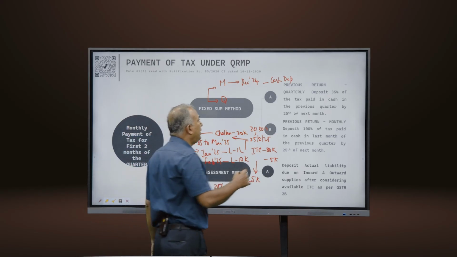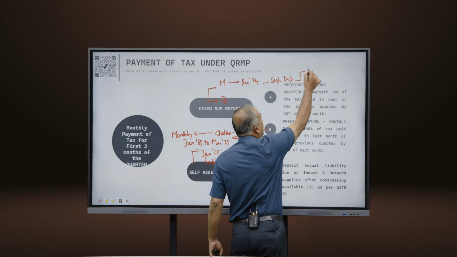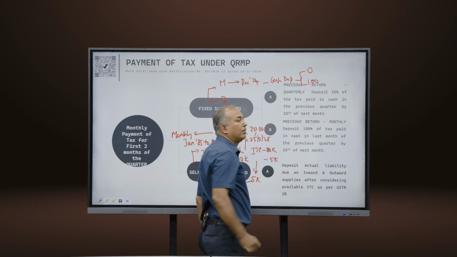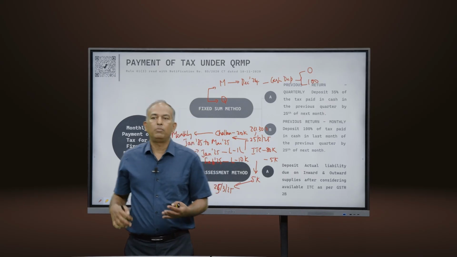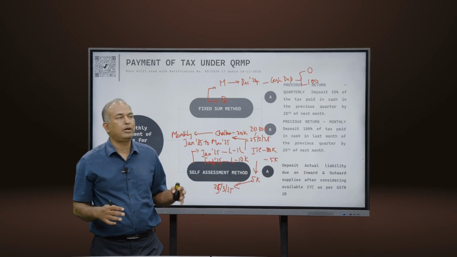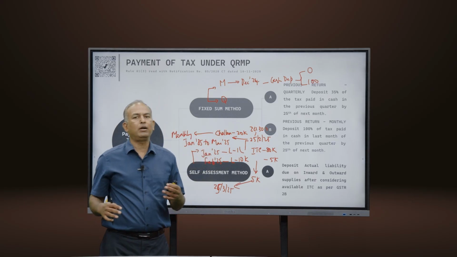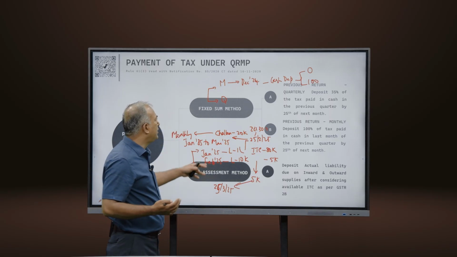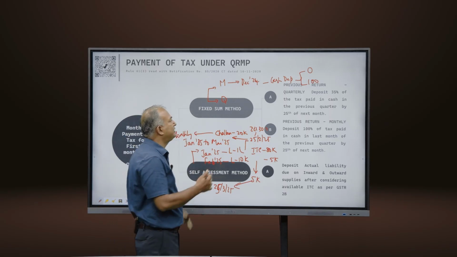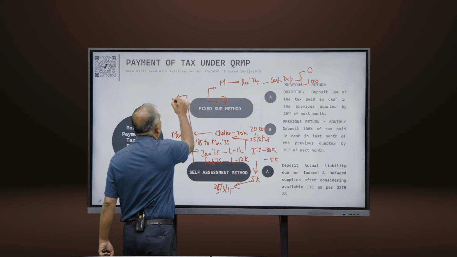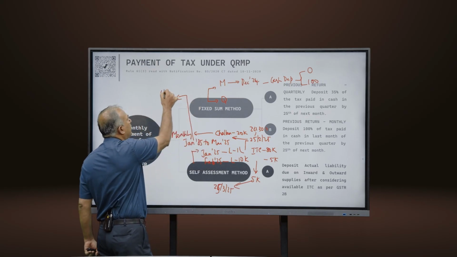There could be a possibility that he has not paid anything, or he has paid 100, or it could be 10,000, or 1 lakh, or whatever amount he has paid through the cash ledger. Here, he has not paid anything. It is 0. Now, to satisfy the monthly payment as per the fixed sum method in January 2025, if it is 0, he doesn't have to deposit anything.